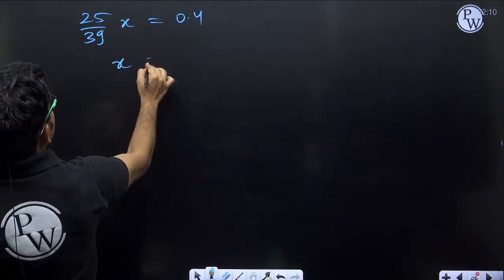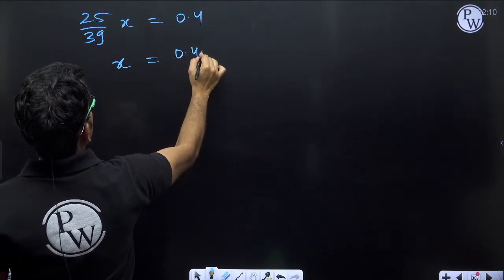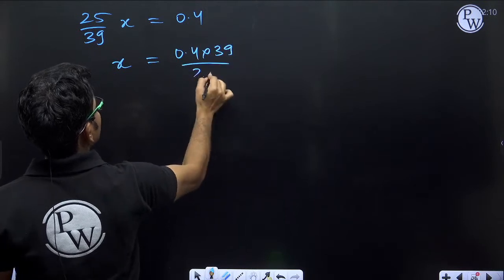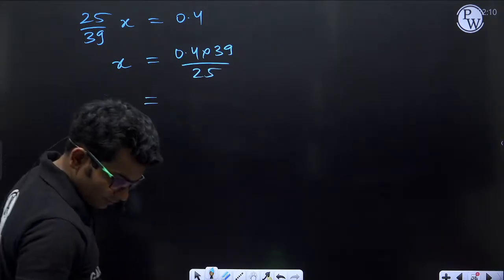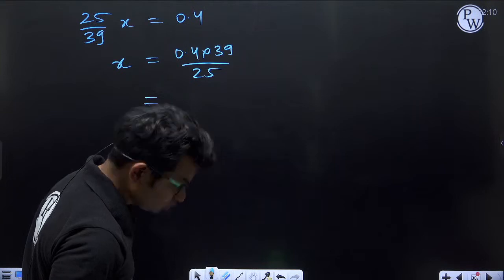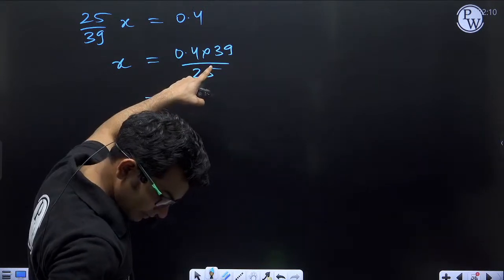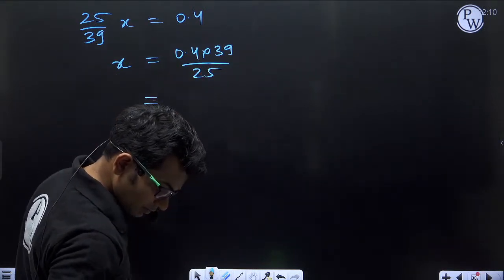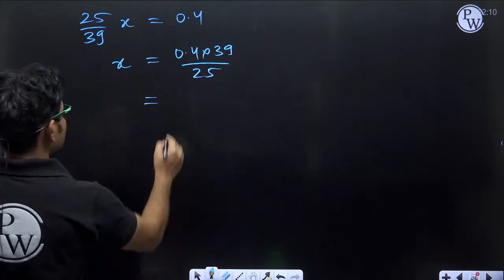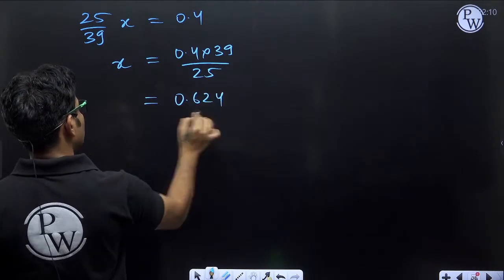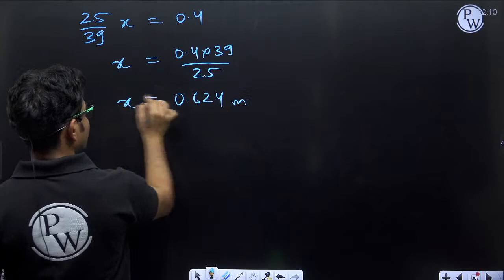So x will be equal to 0.4 into 39 by 25, which gives 0.624. So x will be equal to 0.624.